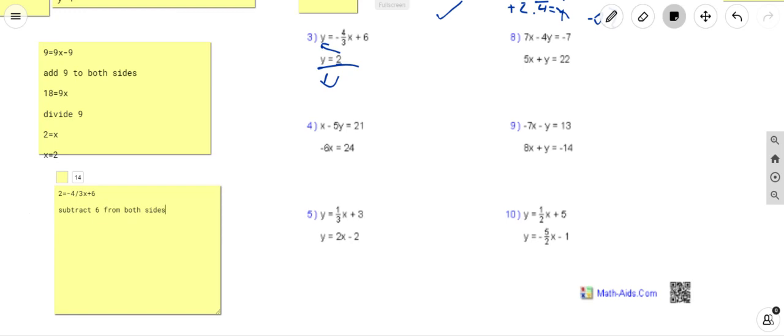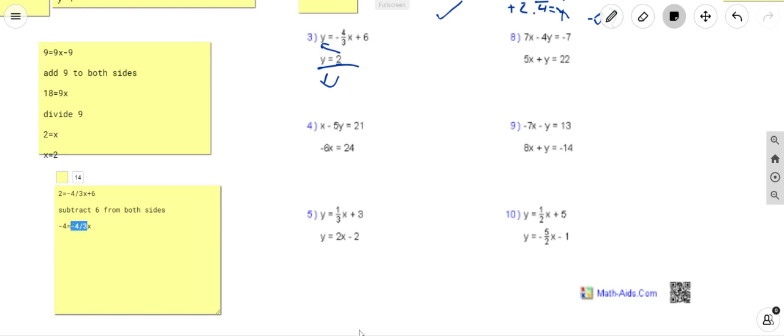Subtract 6 from both sides, and then we would be left with, if you subtract 2 minus 6, it'd be negative because it's a positive and then a bigger number that's a negative. So it would be negative 4.